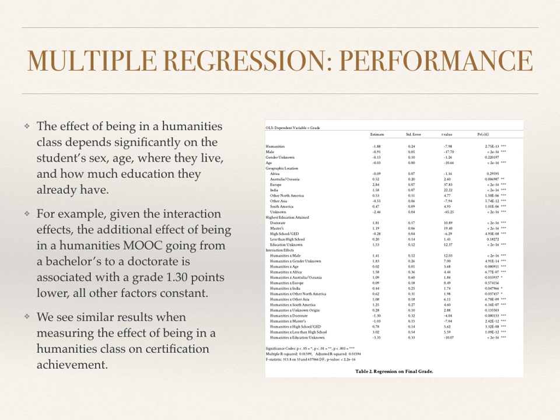So in the end here, we can see that when we have grade as the dependent variable, being in a humanities MOOC is associated with a lower grade, hence lower performance. When we did some robustness checks and asked, okay, what if we define performance in a different way? So we had a dependent variable as a dummy variable indicating 1, they finished the class and got certification, 0, they didn't.